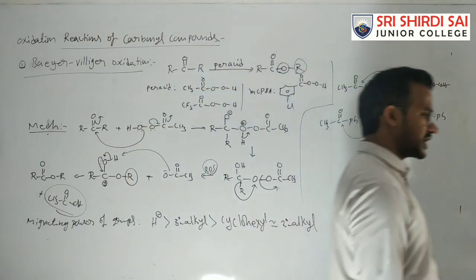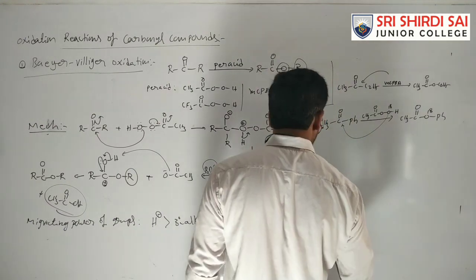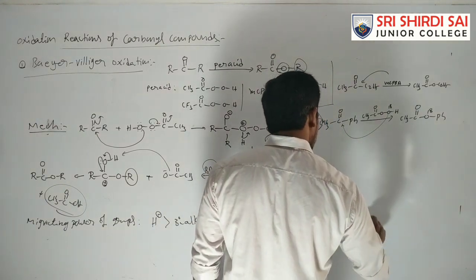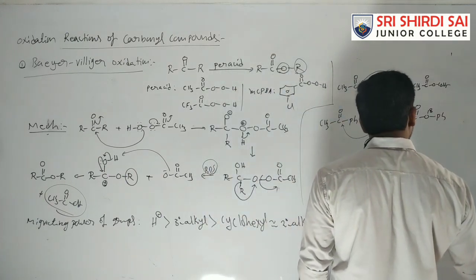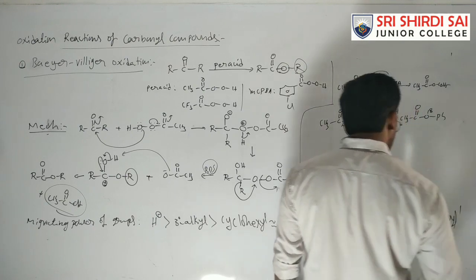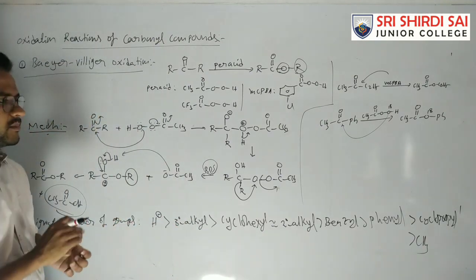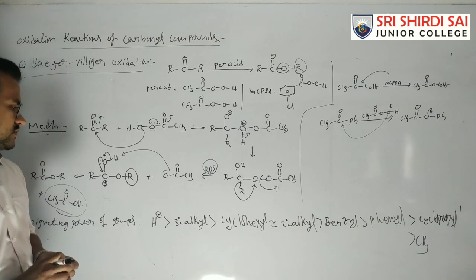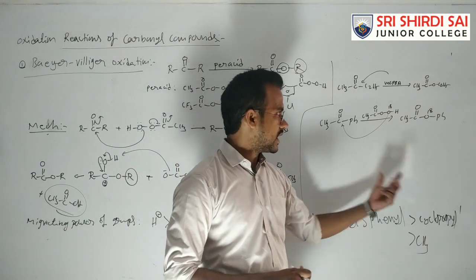Okay, cyclohexyl, secondary alkyl, and next benzyl, next phenyl, and then cyclopropyl, and least methyl. Okay, it is the migratory aptitude of the alkyl groups. It is completely different from the pinacol rearrangement. Okay, so first here H minus, next tertiary alkyl, cyclohexyl, secondary alkyl, benzyl, phenyl, and cyclopropyl.